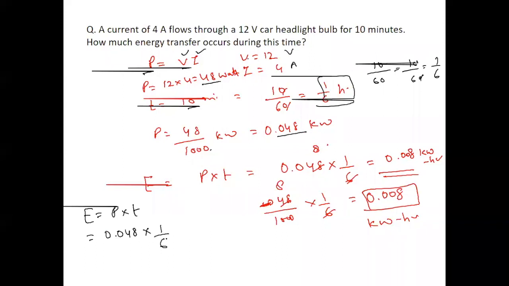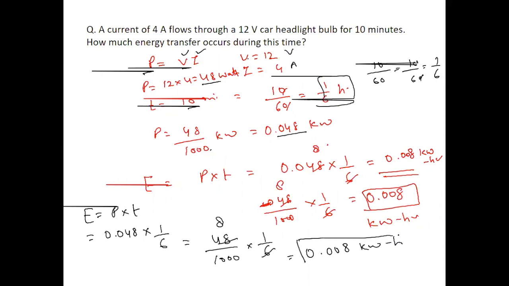If we remove this decimal, what you will do? 48 divided by 1000 into 1 by 6, and then again put the decimal, 0.008 kilowatt hour. This is the energy consumed, or we can say the energy transferred during this time. Okay.